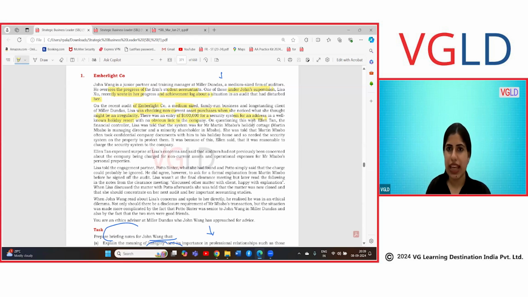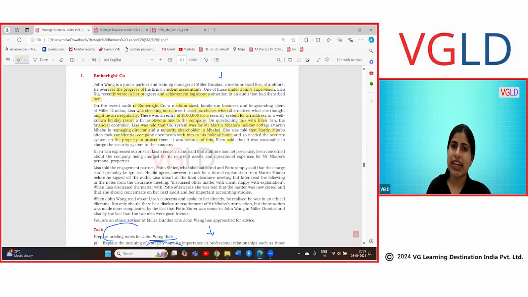On questioning ET, the financial controller, Lisa was told that the system was made for Mr. M's holiday cottage. M is the managing director and a minority shareholder in Mabo. She was told that Martin Mabo often took confidential company documents with him to his holiday home and so needed a secure system at the property to protect them.